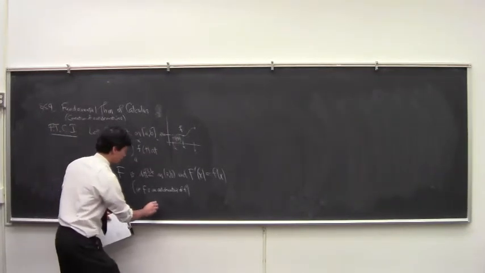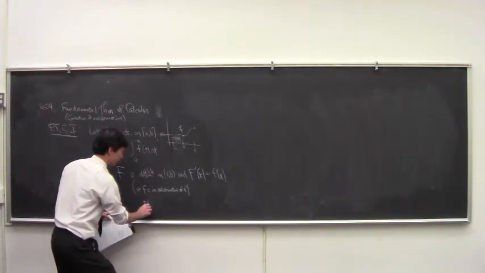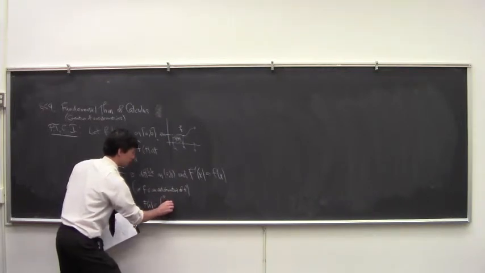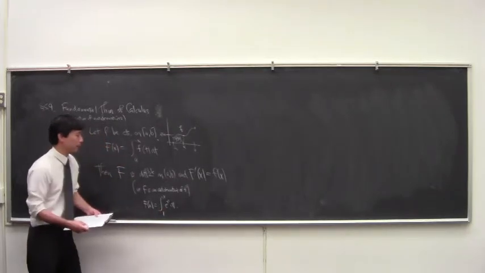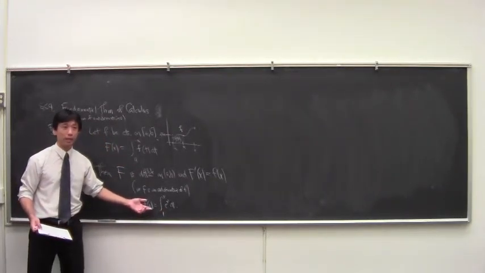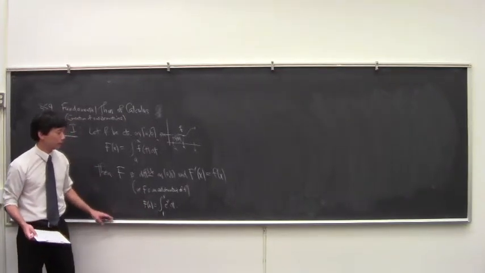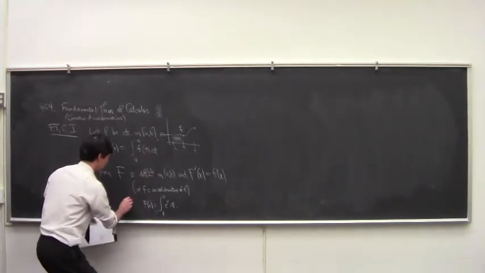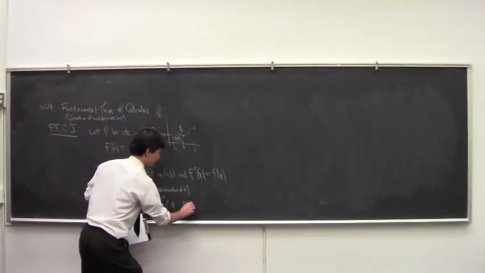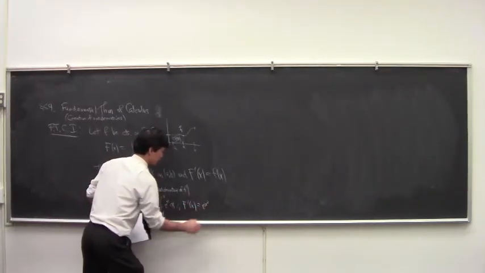Let F of x be the integral from 1, say, to x of e to the t squared dt. Then F prime of x is e to the x squared.